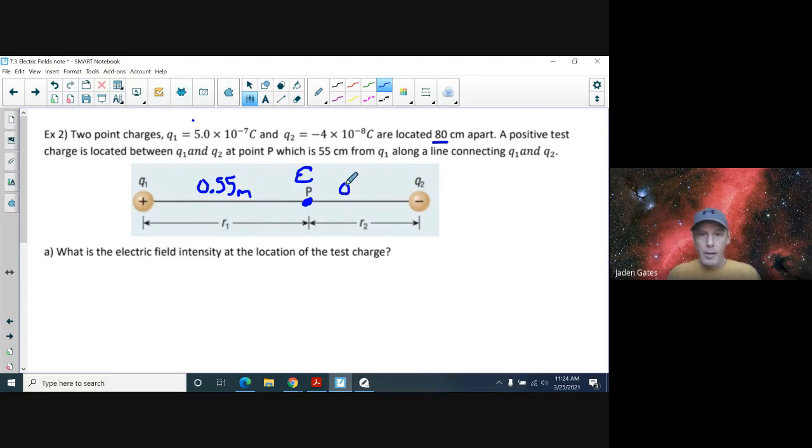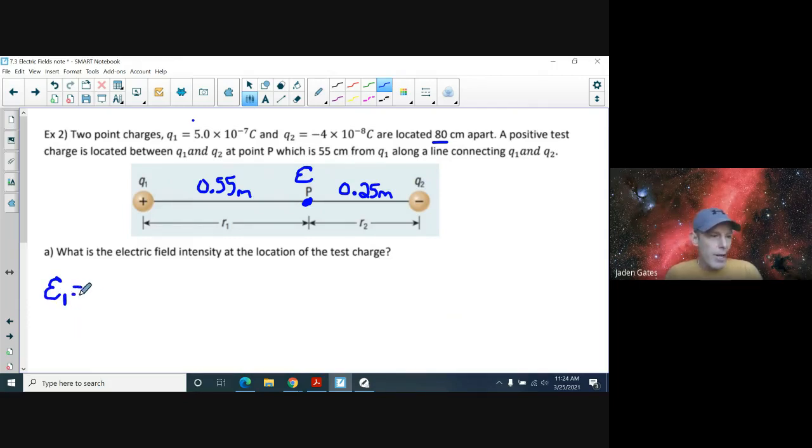It's going to be 0.25 meters or 25 centimeters in here. All right, so now this is where your textbook is terrible, terrible. What we want to do is look at the electric field strength, field intensity at point P. Well, what we're going to do is see, first of all, what field strength is created by charge 1.